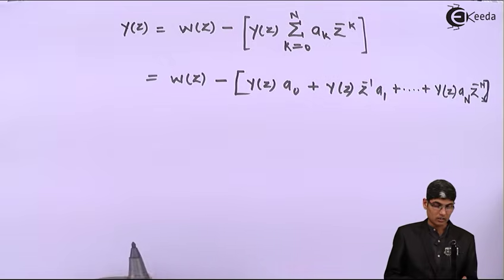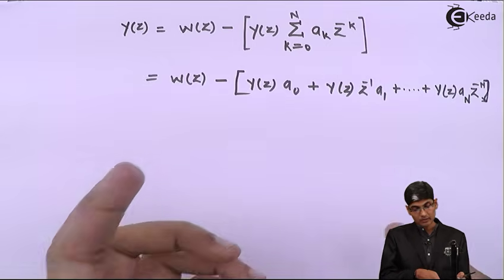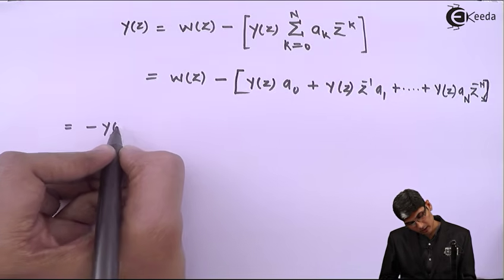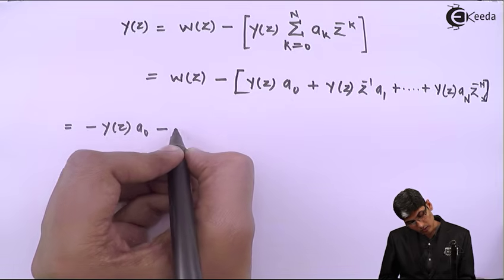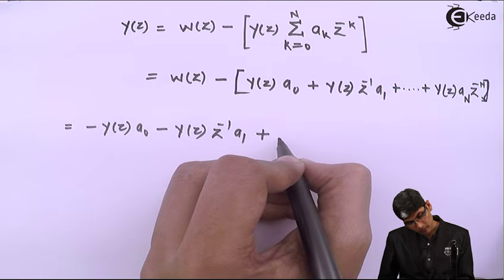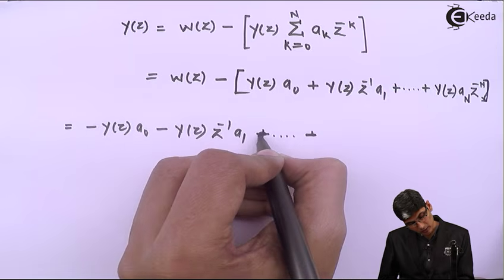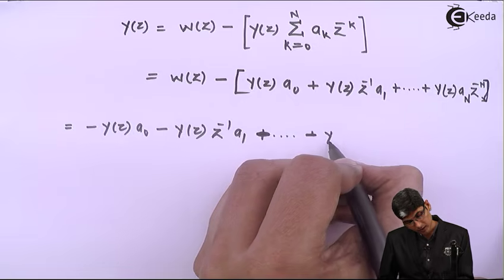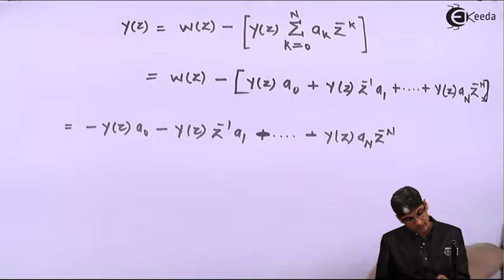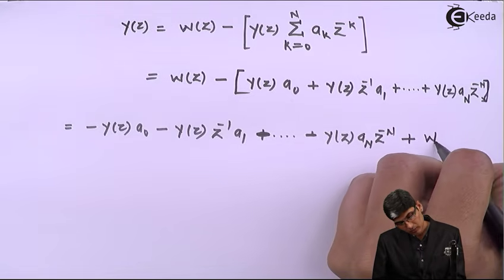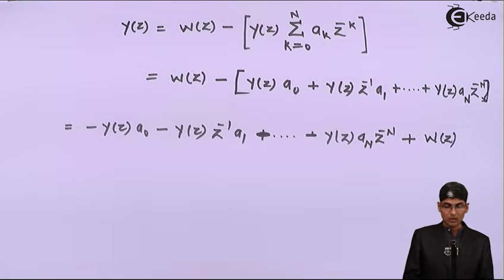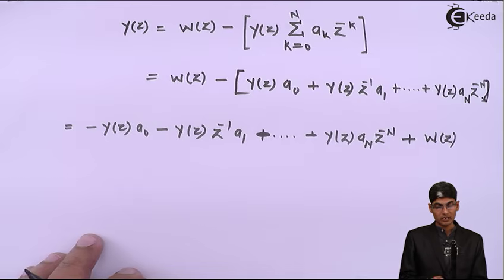So that is what my equation will be. Now let us break the negative sign inside and flip a little bit. So you get minus y of z a0 minus y of z z inverse a1 plus dot dot dot, minus, it will not be plus, it will be minus now, minus y of z an z raised to minus n, and I write here plus w of z, just flipping the terms. Now we got the negative terms, and with 1.